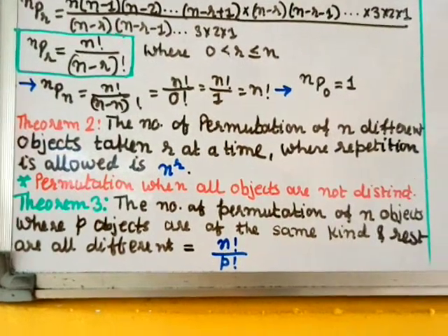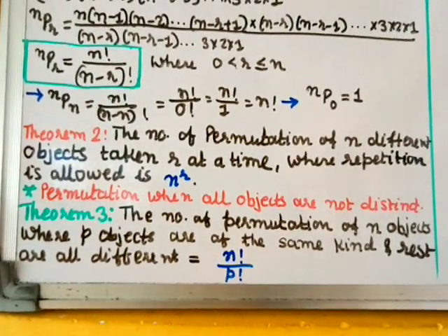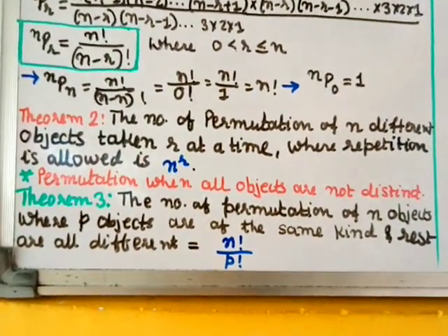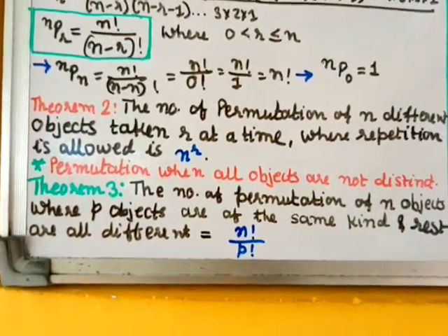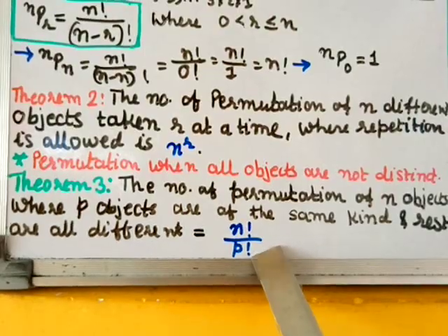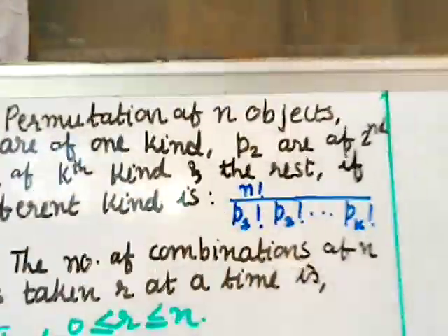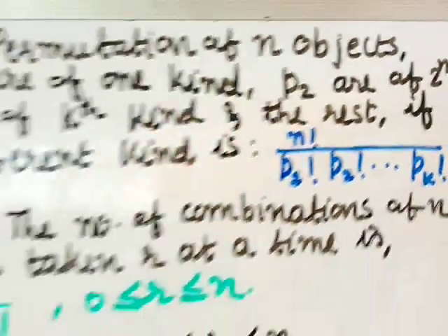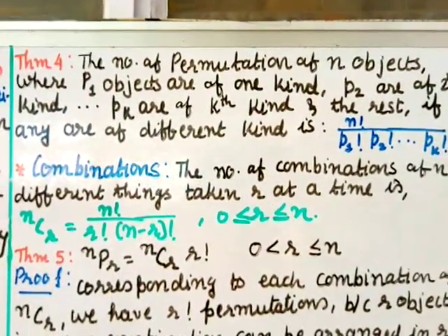But now if you have got more than one type, p1 type, same kind of some objects, p2 type, p3 up to pk, then this can be generalized as n factorial divided by p1 factorial into p2 factorial, p3 factorial, what is written in theorem 4. There is no proof for this, we just accept this.